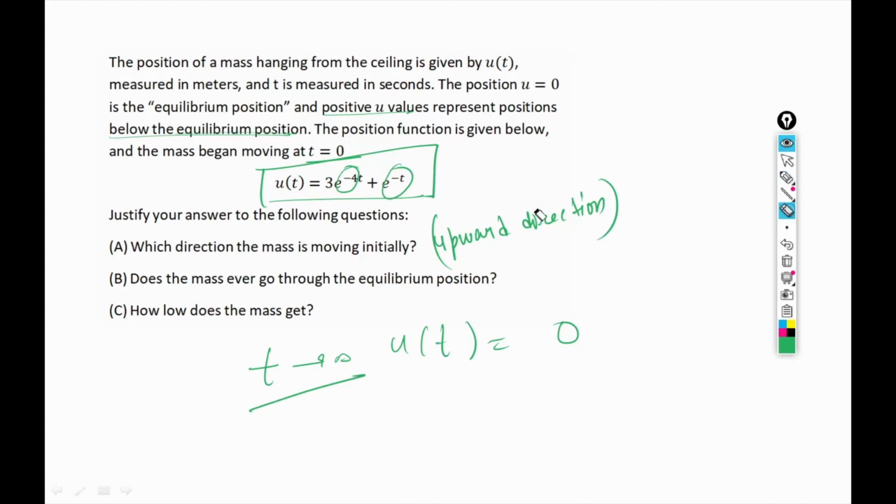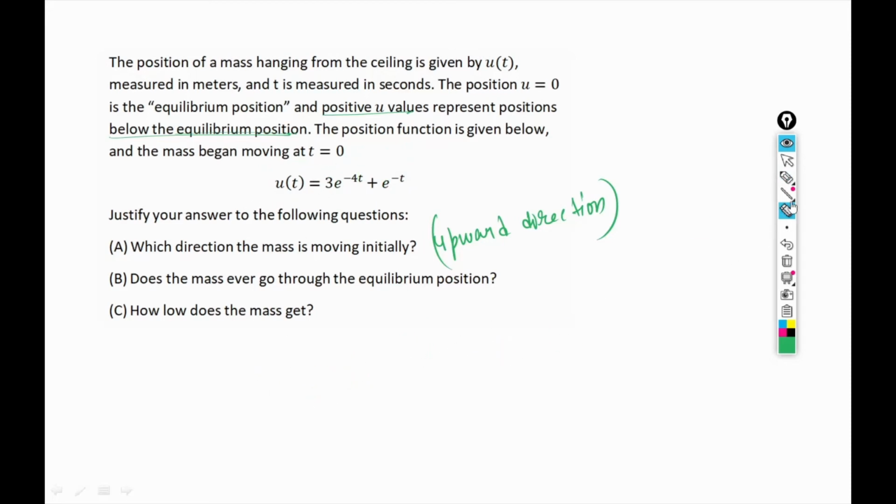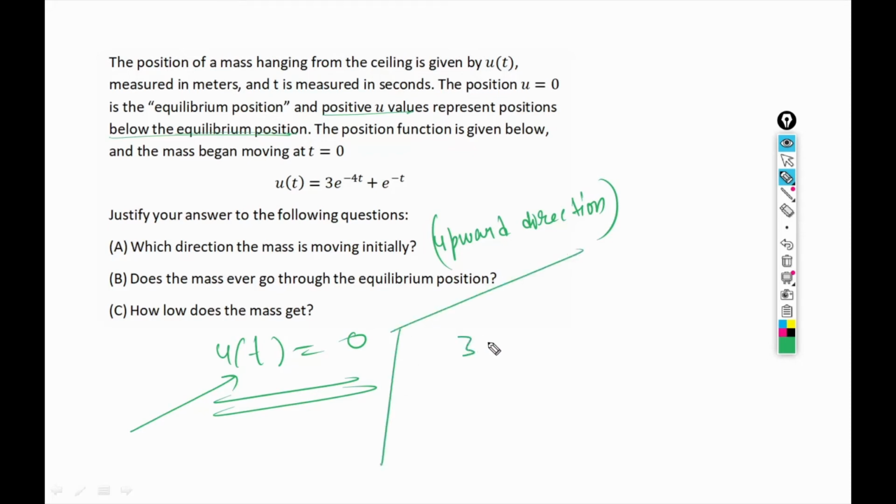For finite t, we will put the position function equal to 0. So u of t equals 0, and then we try to find the finite values of t. If we do that, 3 e power minus 4t plus e power minus t equals 0, and if I take e power minus 4t common, then I will have 3 plus e power 3t equals 0.